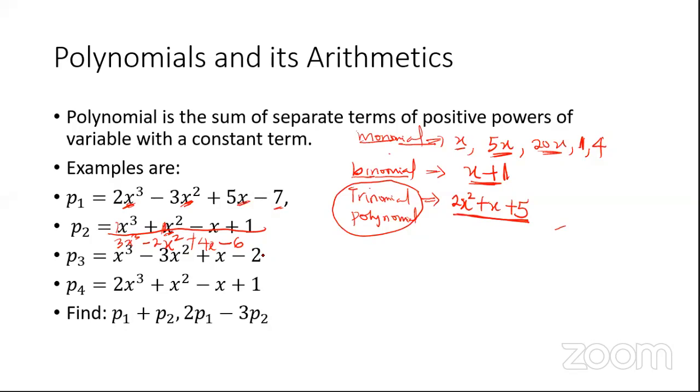You have to take note of that. There's another question there, say P2, P1 minus 3P2. It means my P1, I need to multiply it by 2. If I multiply P1 by 2, what am I going to have?